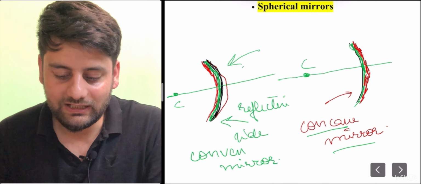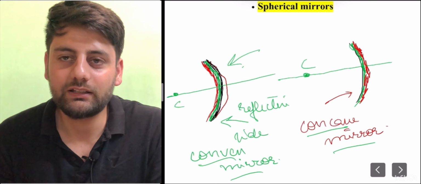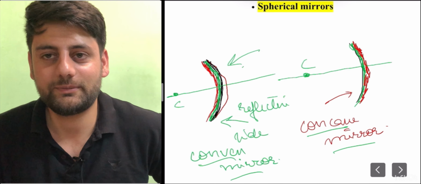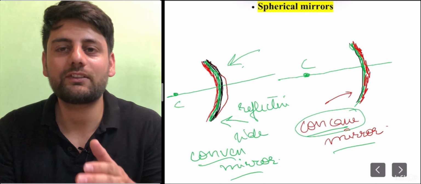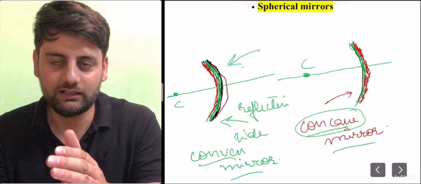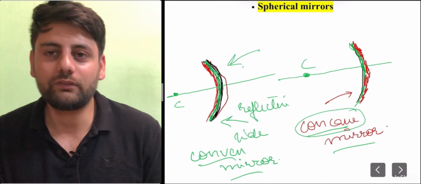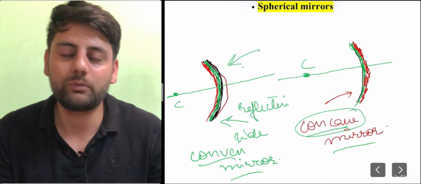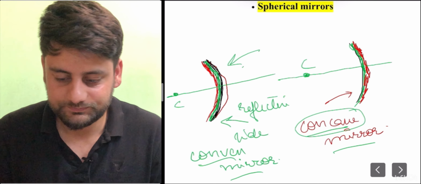In a convex mirror, the center of curvature is behind the reflective side. Let me repeat it once again: in a concave mirror, the center of curvature is in front of the reflective side, and in a convex mirror, the center of curvature is behind the mirror. Is this clear?